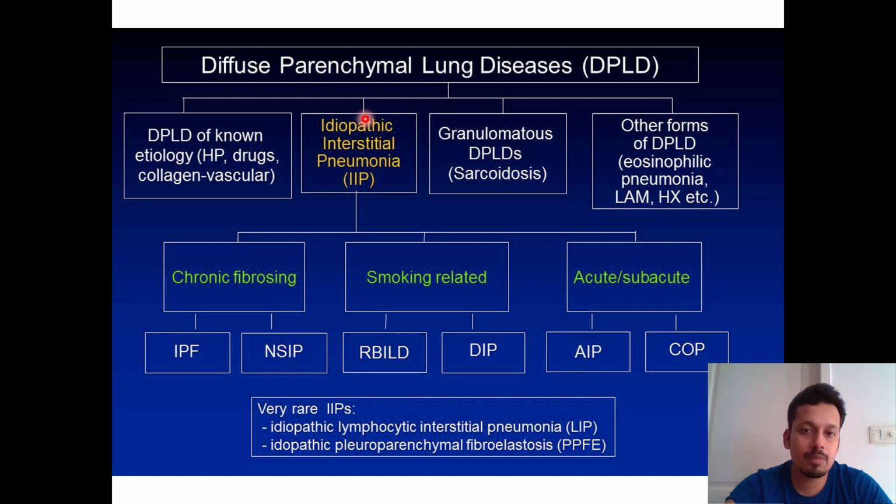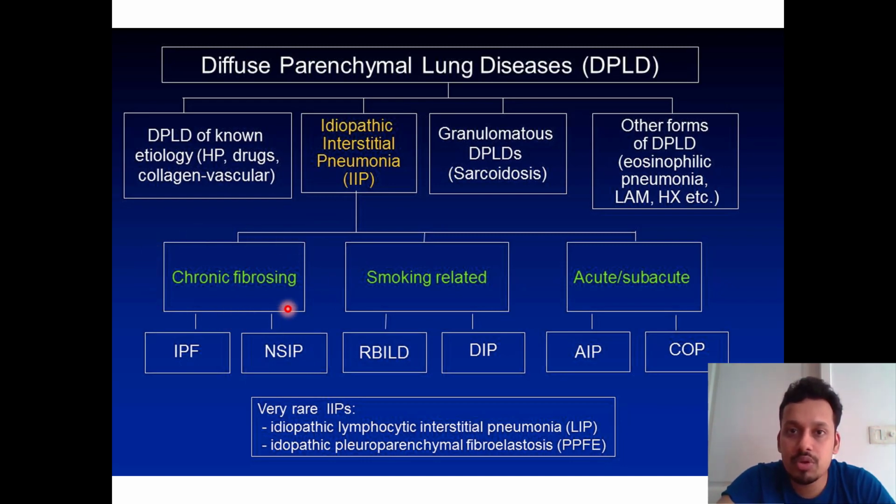We'll be basically concentrating on idiopathic interstitial pneumonias. The most difficult part of learning interstitial lung diseases is to learn all these short forms. So basically if you learn the short forms and a clinical scenario, it becomes much easier.